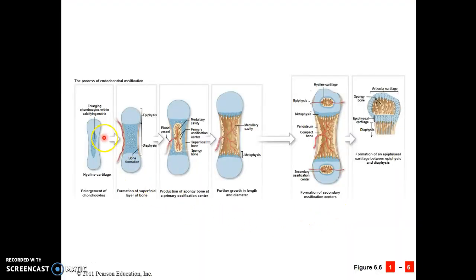So here we see, originally there's hyaline cartilage. This is called endochondral, or within the cartilage, formation. Ossification is formation of bone. You can read through this slide, but just note there are really two ossification centers, the central ossification center, and then finally in the epiphysis, two more ossification centers.